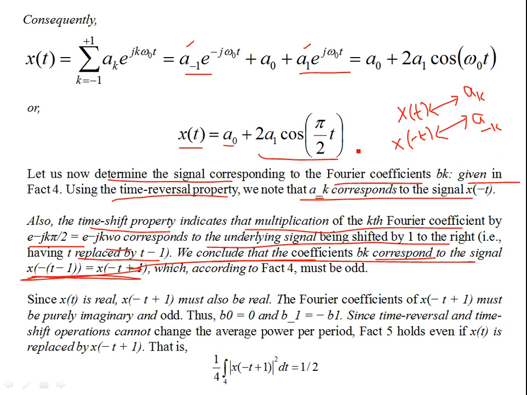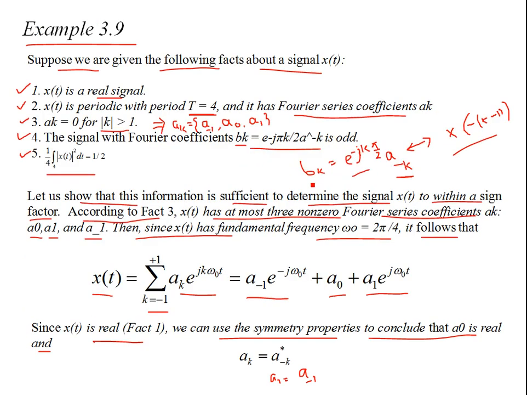Because there is a time reversal, if you look at this Fourier series coefficient, you see the time reversal as well, and then you also see there is a shift of 1 second to the right. So this is x(t-1), and then there is a flipping of the signal as well around the vertical axis. So this forms x(-t+1). And this is an odd signal.